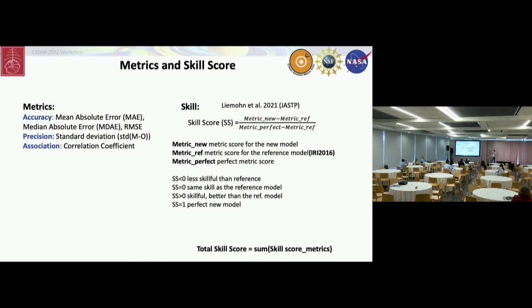If the skill score is smaller than 0, the model is less skillful than the reference IRI model. If the skill score is 0, it is the same as the reference model. If the skill score is greater than 0, it performs better than the reference model. And if the skill score is 1, the model shows very good performance in predicting the ionosphere state.